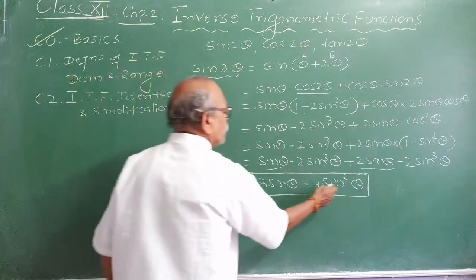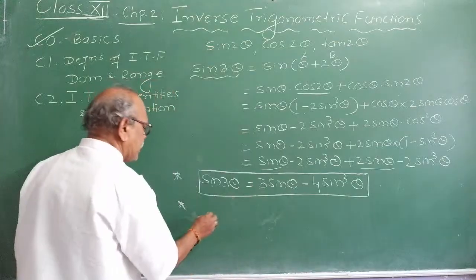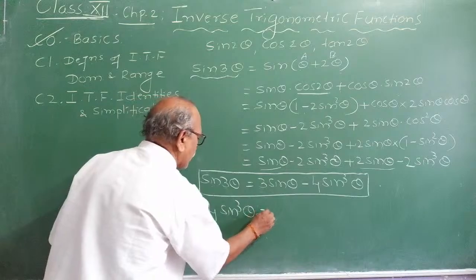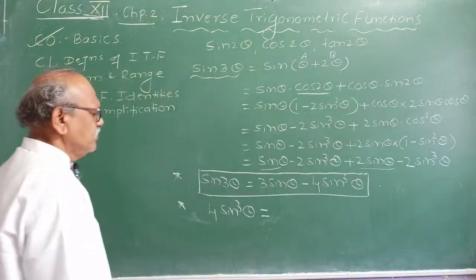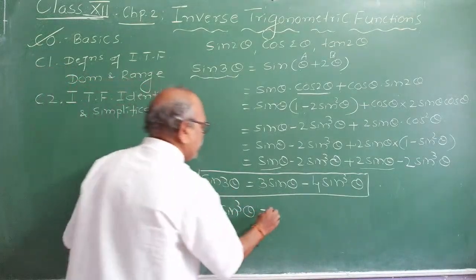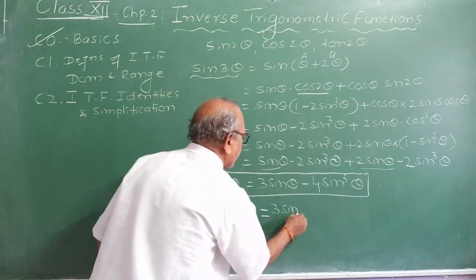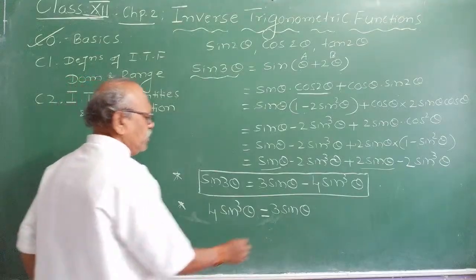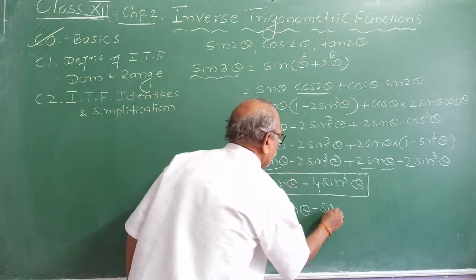If you take minus 4 sin cube theta to the left, you will get another identity of the same thing, that is 4 sin cube theta. Later in calculus it is required. Take sin 3 theta to the right and make a list of trigonometric identities useful later in integration also. Minus sin 3 theta.